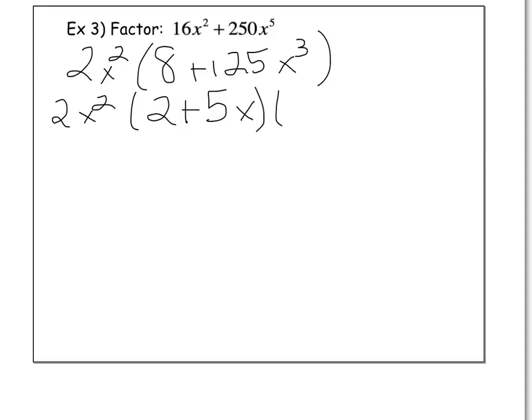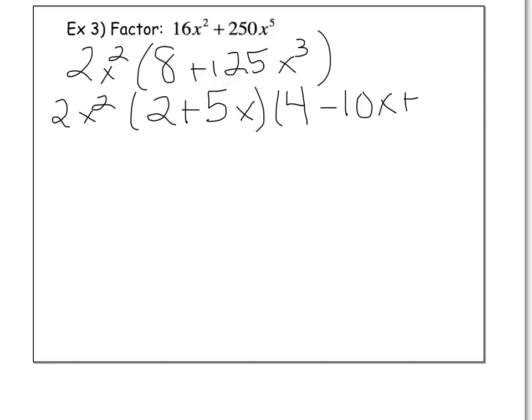Then in our trinomial, the first term is this thing squared, which is 4. The next sign, now remember, if this is a plus, our sign in here is always going to be opposite, so this is a minus sign. Then the middle term is always this times this, which gives us a 10x. And then our last sign is always positive, and it's just this term squared.